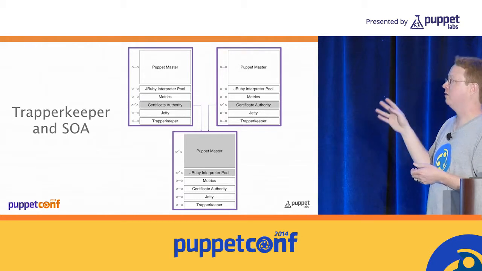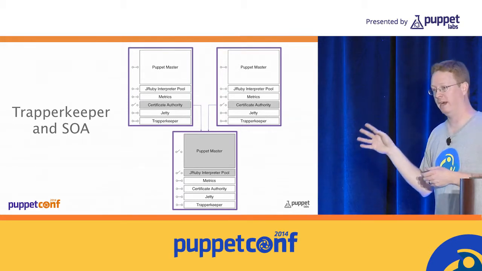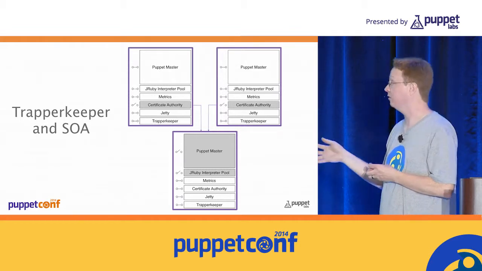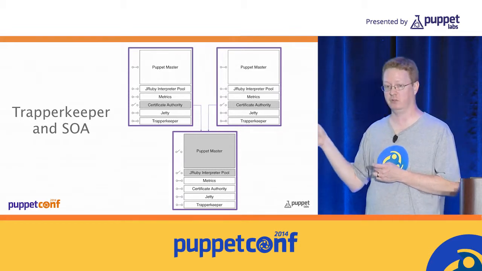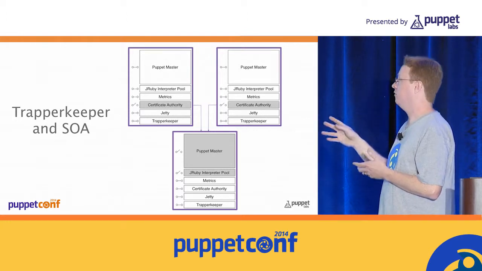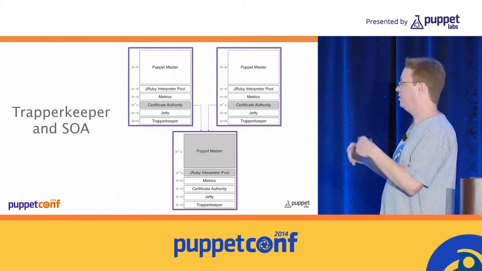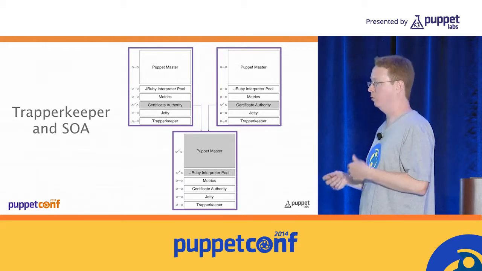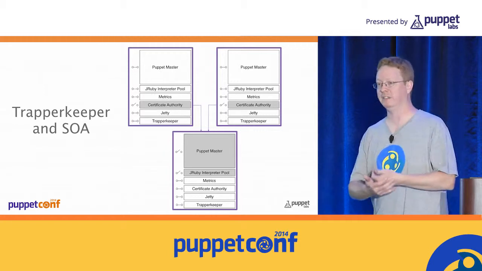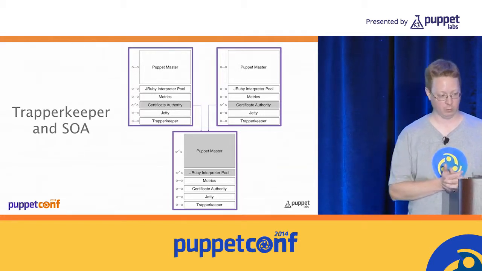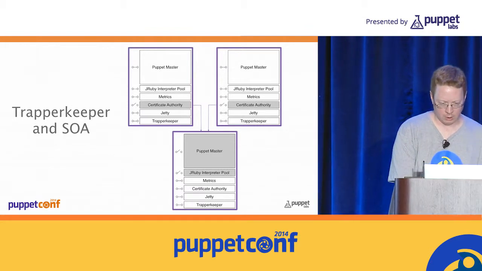And this model is not very different at all from how we help our customers scale out the Puppet master today. This is basically how our professional services team scales the existing master today. But the difference is we're actually changing the internals of the design of the system to be more specifically tailored to that, rather than having to dance around it and hack on things to make it work.